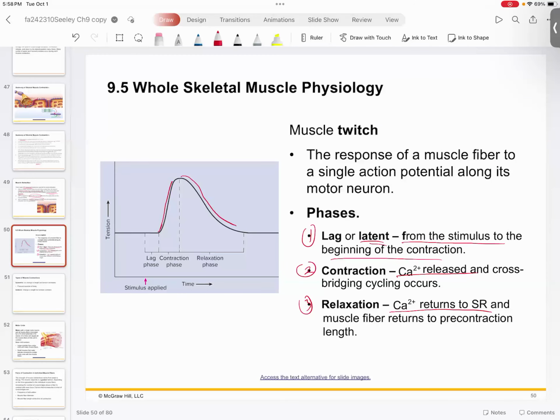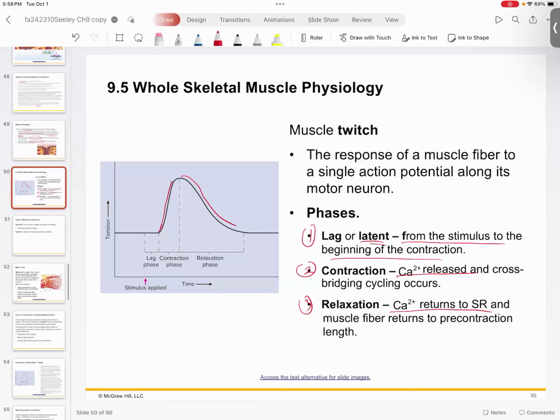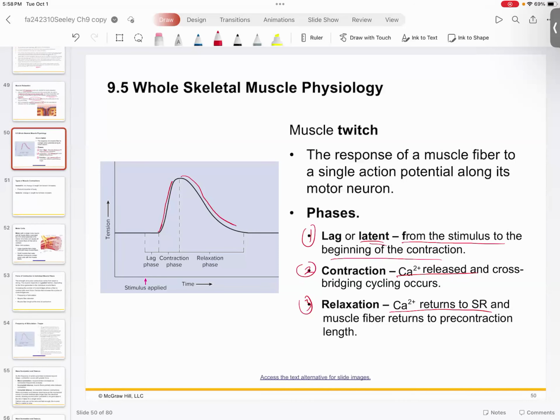So the effect of depolarization is contraction, and the effect of repolarization is relaxation, right? So ultimately, they're similar, but not the same. Sometimes it's difficult to keep the two straight whenever you're looking at something, because sometimes we'll look at the depolarization curves, and sometimes physiologically we'll look at the twitch curves. And so it's sometimes very easy to get the two mixed up, right?